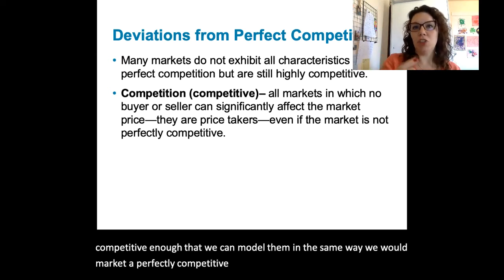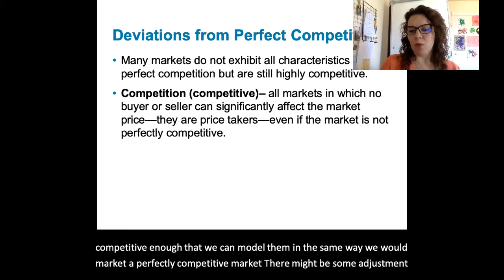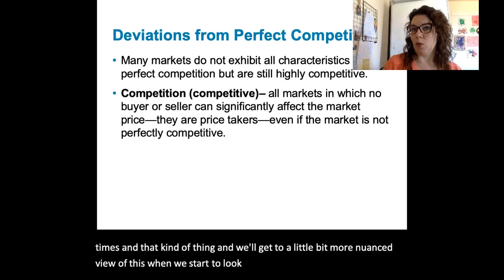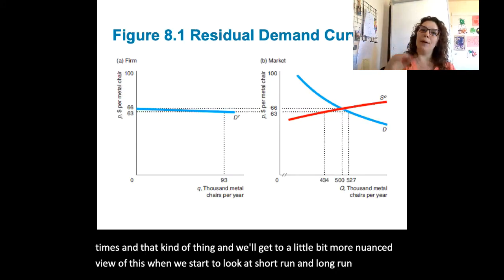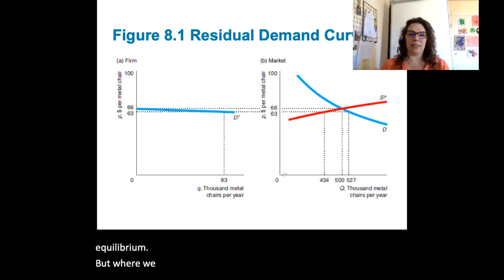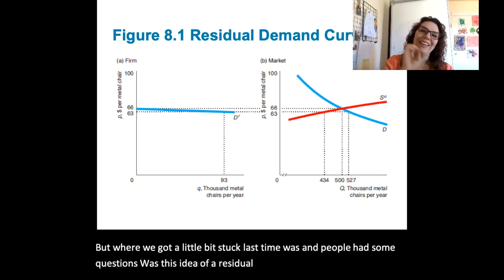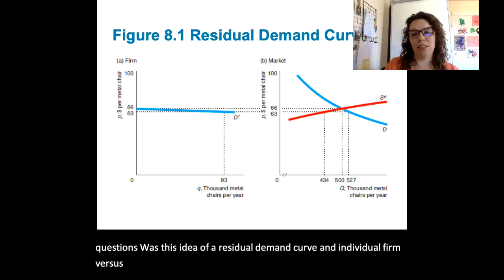There might be some adjustment times and that kind of thing. And we'll get to a little bit more nuanced view of this when we start to look at short run and long run equilibria. But where we got a little bit stuck last time, and people had some questions, was this idea of a residual demand curve and individual firm versus market price elasticity of demand.